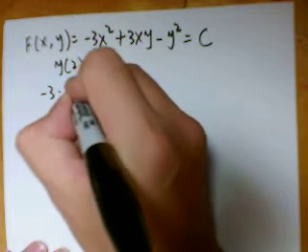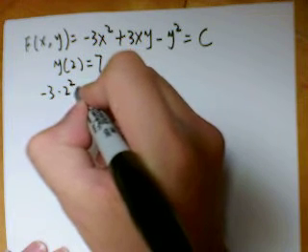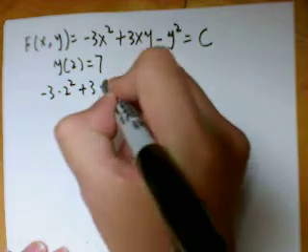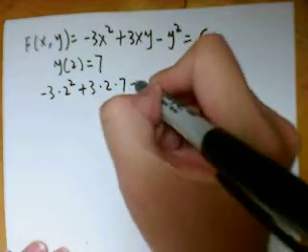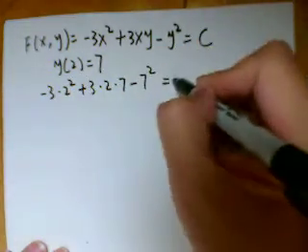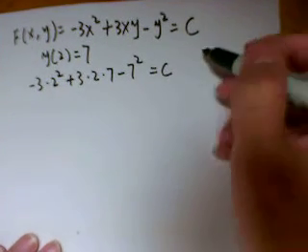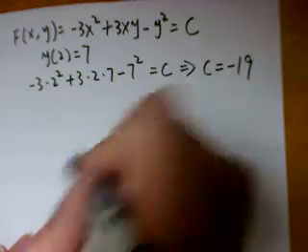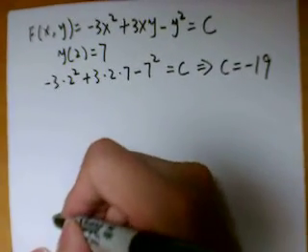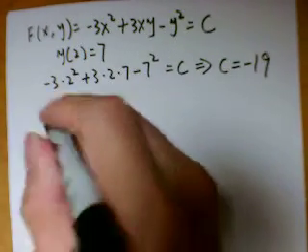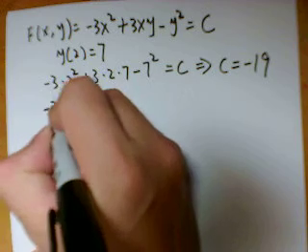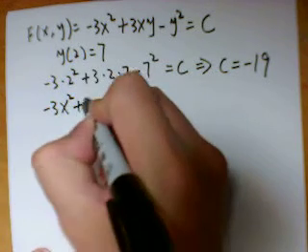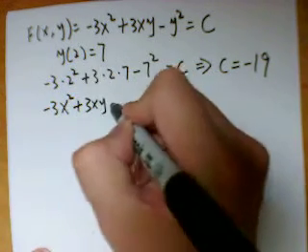So we have negative 3 times 2 squared plus 3 times 2 times 7 minus 7 squared. And you can simplify it, that c equals negative 19. Okay, negative 19.